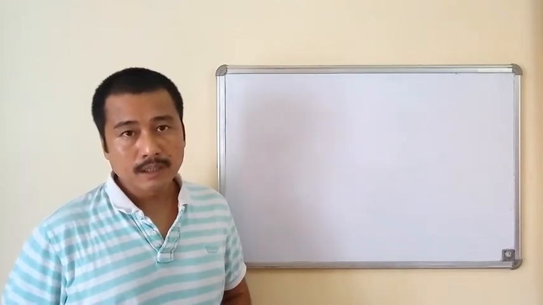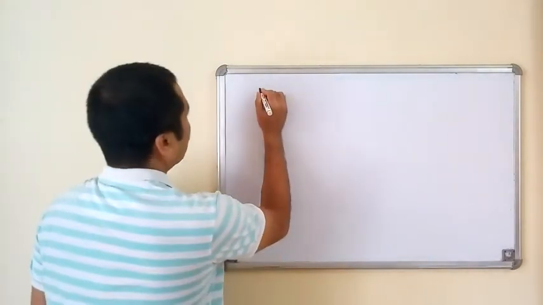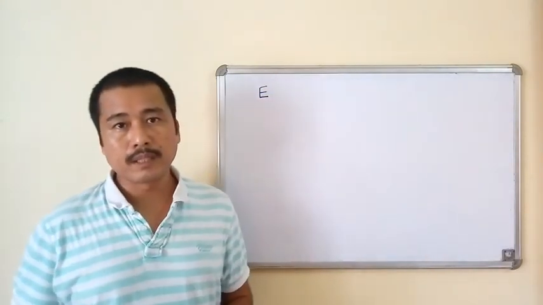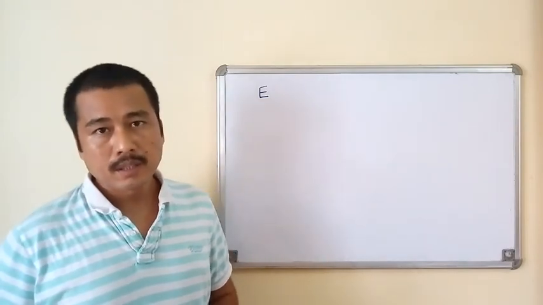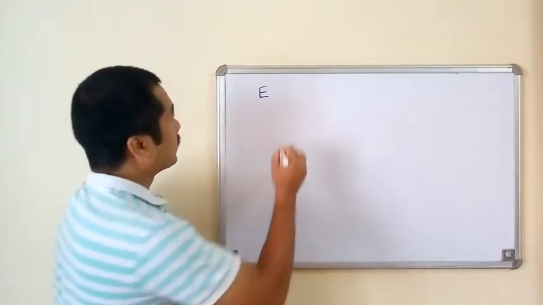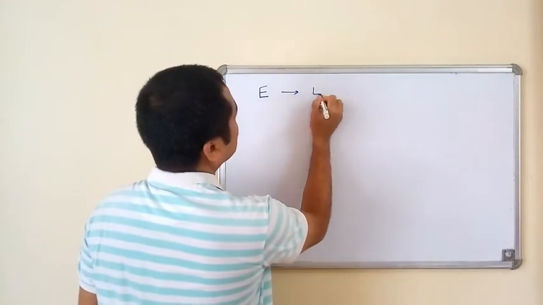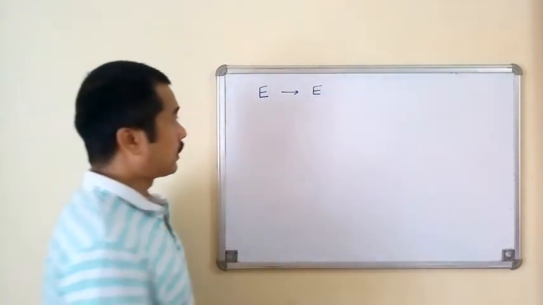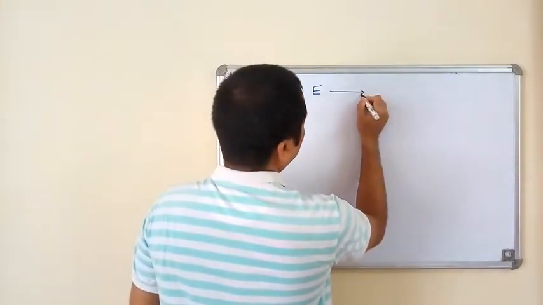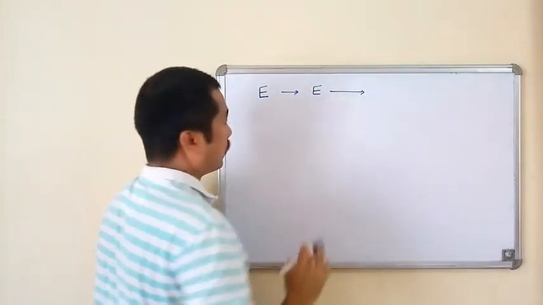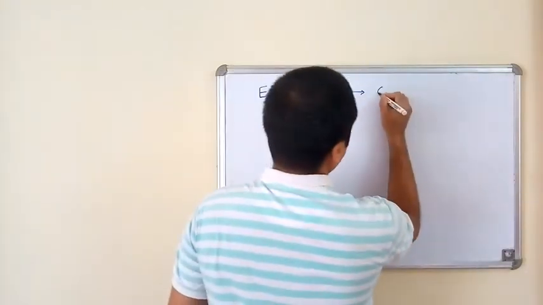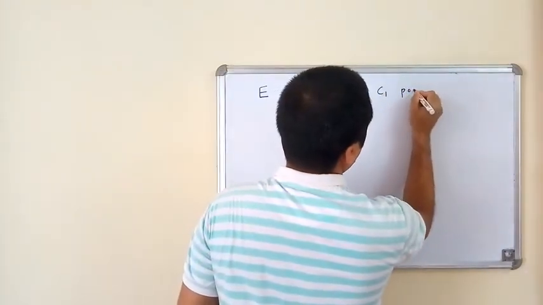So let us begin with molecules where there is no other symmetry operation apart from the identity element, and we know that the identity element produces only one symmetry operation, that is the identity operation itself. And the point group, when only the identity element is present, is known as the C1 point group.